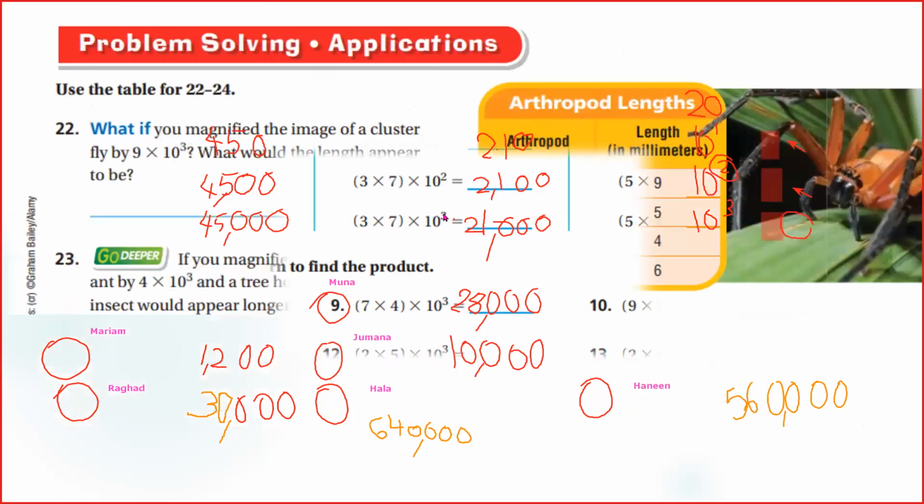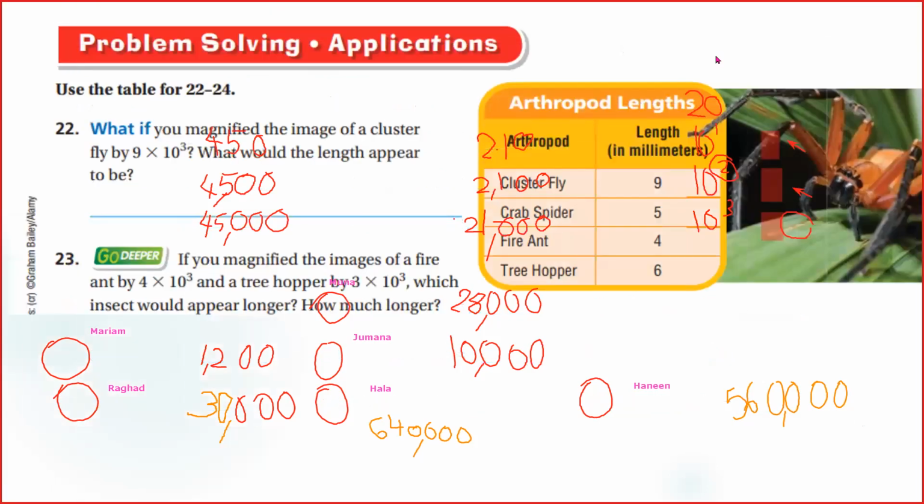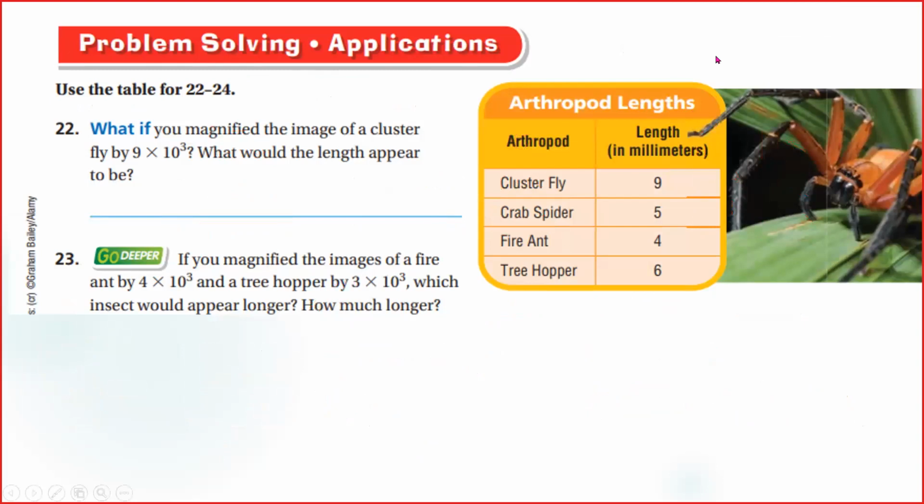Now let's go to this one here. Okay, I will come back later on. I will solve it for you. Now let's solve number 22. What if you magnified the image of a cluster fly by 9 times 10 to the power of 3? Its length is 9.